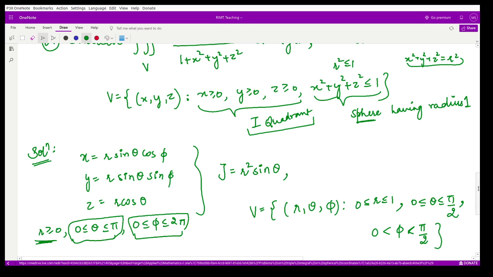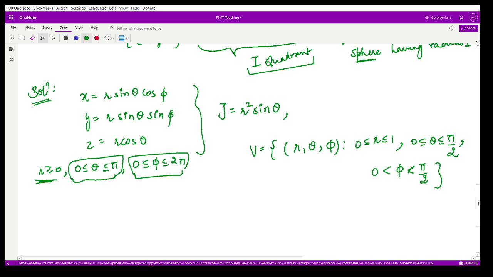So now we have got everything. We have this relationship, we know the limits, and we know the value of the Jacobian.